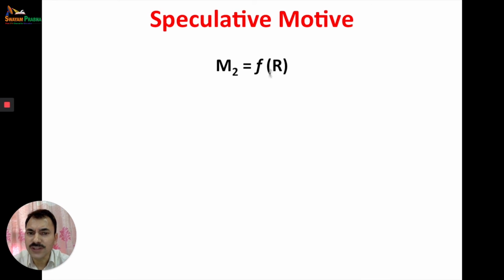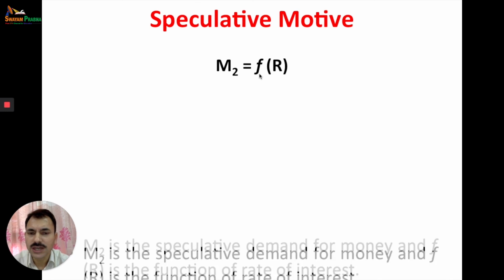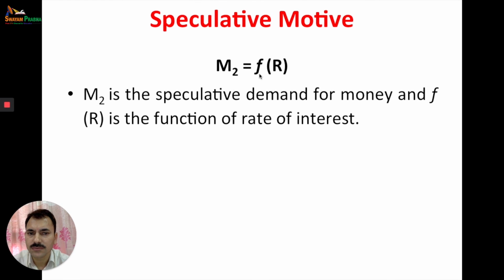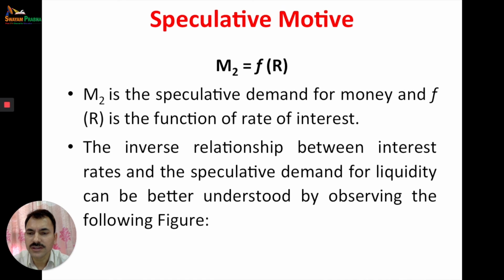Speculative motive is a function of the rate of interest, not income. Transaction and precautionary motives are functions of income, whereas M2 is a function of the rate of interest. There is an inverse relationship between the rate of interest and speculative motive.